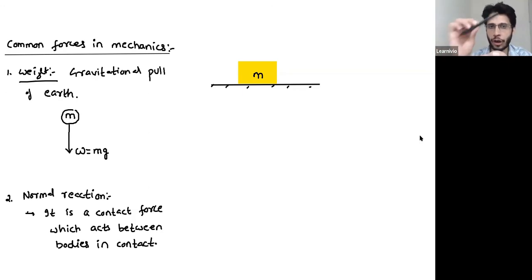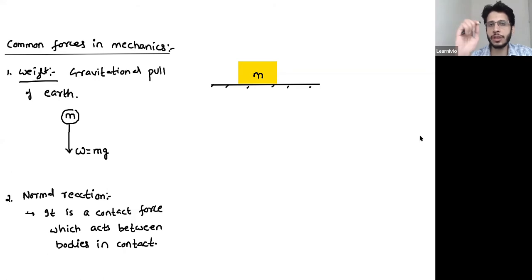Earth is trying to pull this pen in the downwards direction. But along with gravity, there is one more force which is known as normal reaction that is acting on the pen, and that normal reaction balances the weight. That's why this pen is not going in downwards direction.